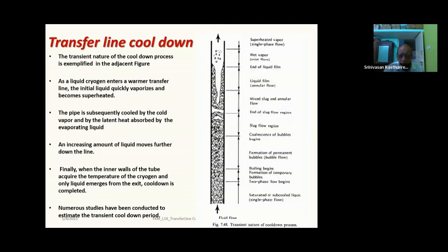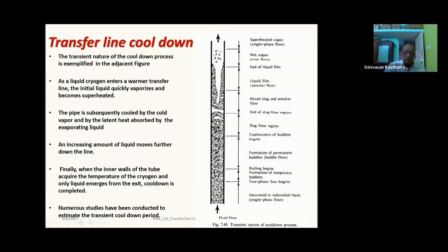Here, for example, a vertical picture is shown for the cool down of the transfer line. The liquid starts entering here, it gets heated and converts to vapor. Superheated or subcooled liquid enters here at the bottom.